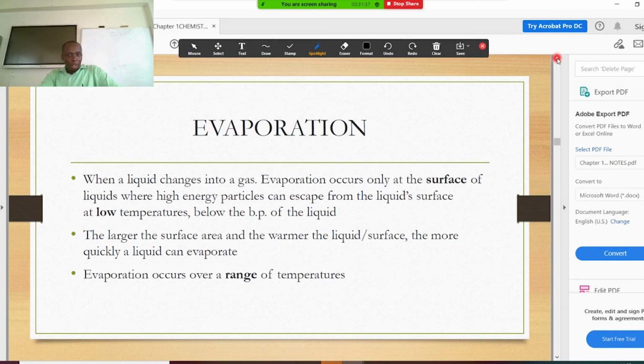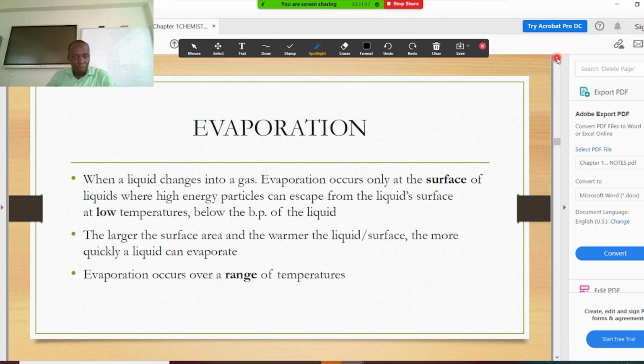So the differences are: one, evaporation occurs on the surface, it's a surface phenomenon. Boiling is a bulk phenomenon. It occurs both within and on the surface. Two, boiling occurs at a specific temperature, evaporation occurs at a range of temperatures.